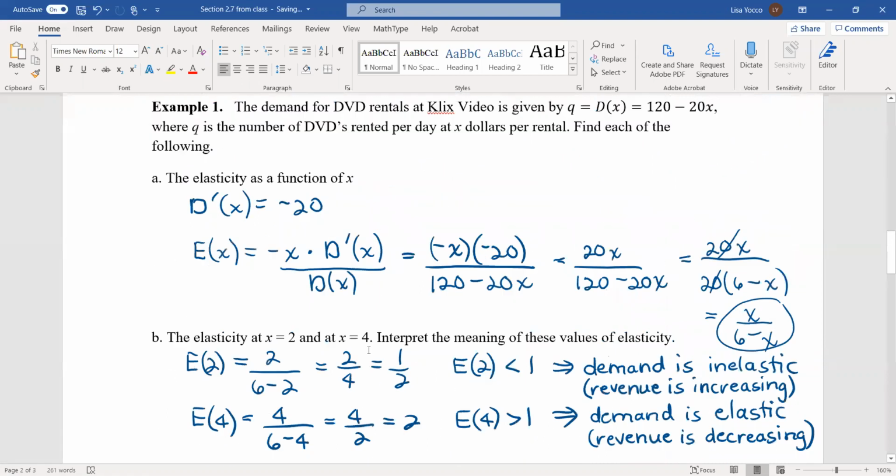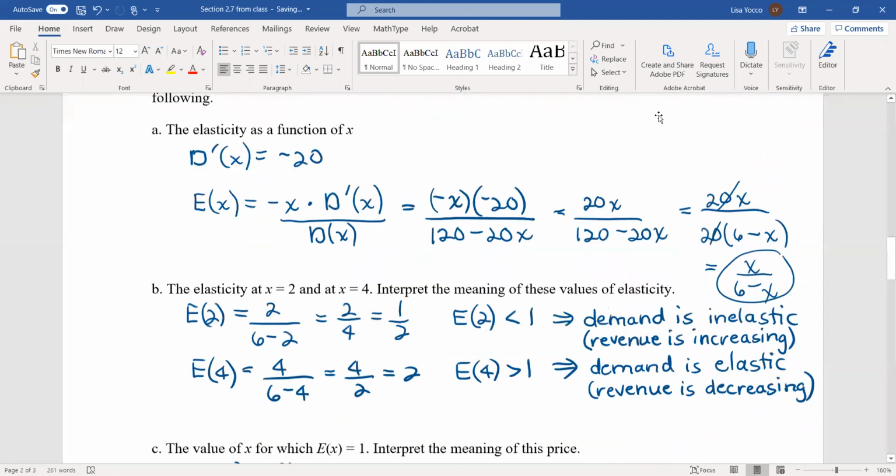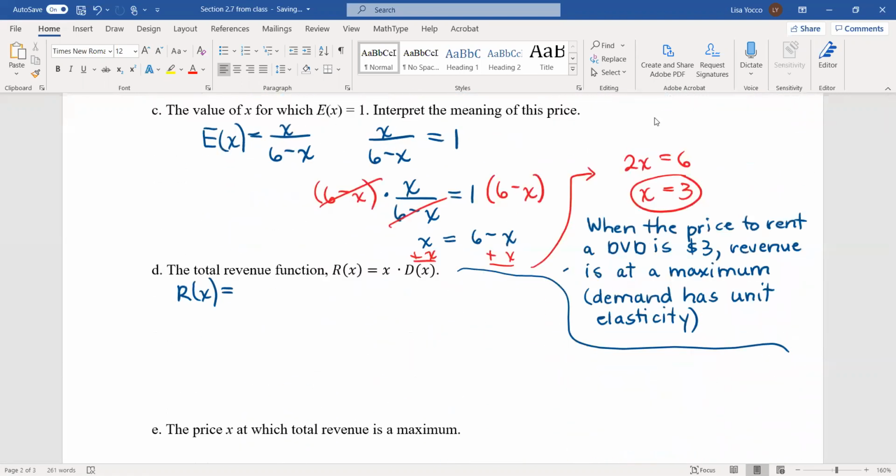D of x was way up here as 120 minus 20x. Okay, and just distribute the x, gives me 120x minus 20x squared.